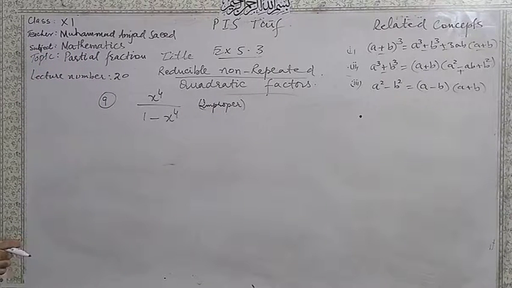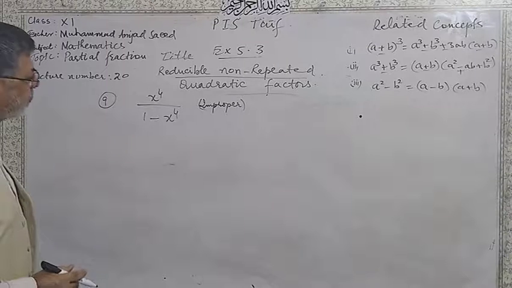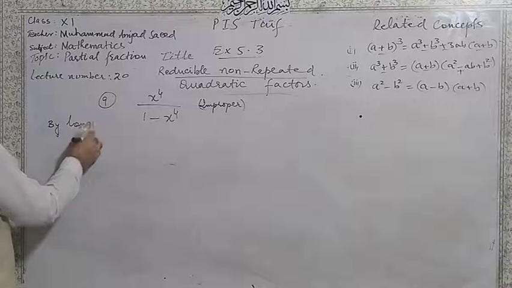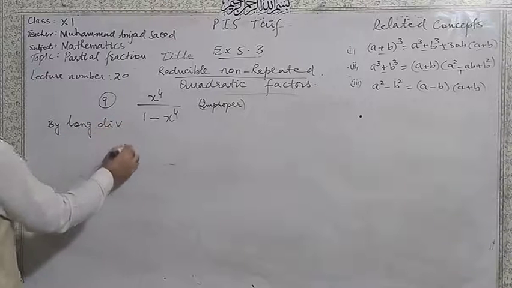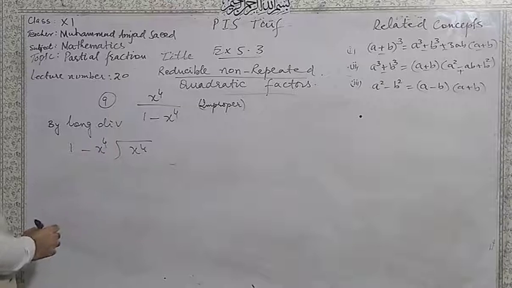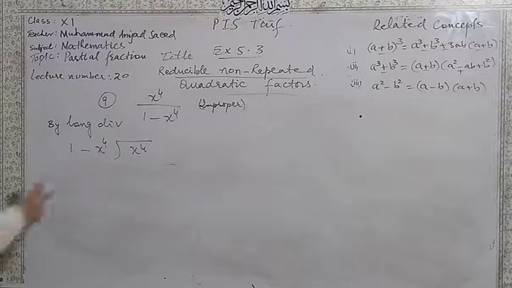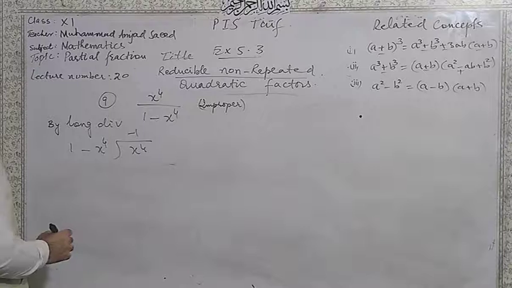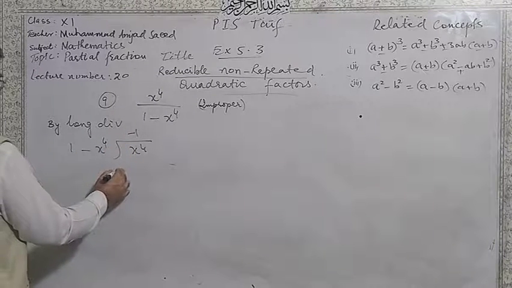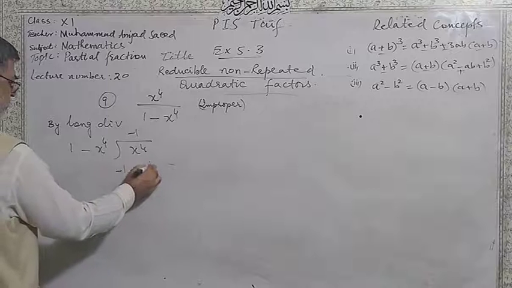So by long or actual division, x4 inside, this is 1 minus x4. Because we want to cancel it, this is minus x4, you will multiply with negative 1. Here is minus 1 plus x4.